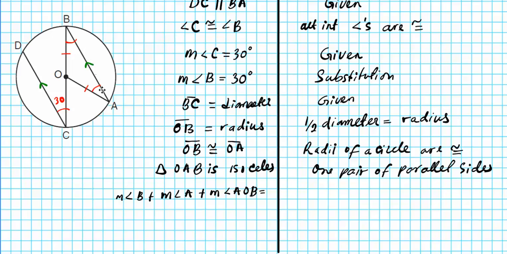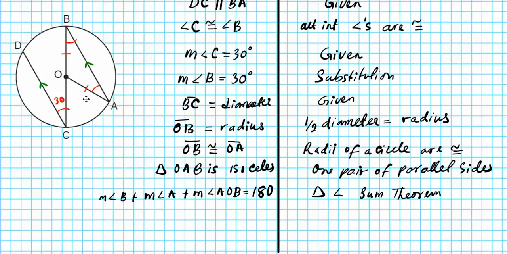This angle plus this angle plus this angle right here, all of them add up to 180, by the triangle angle sum theorem.